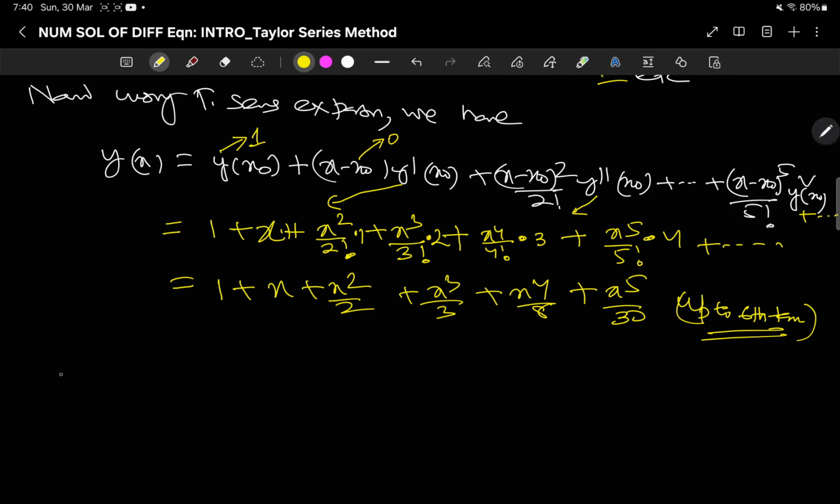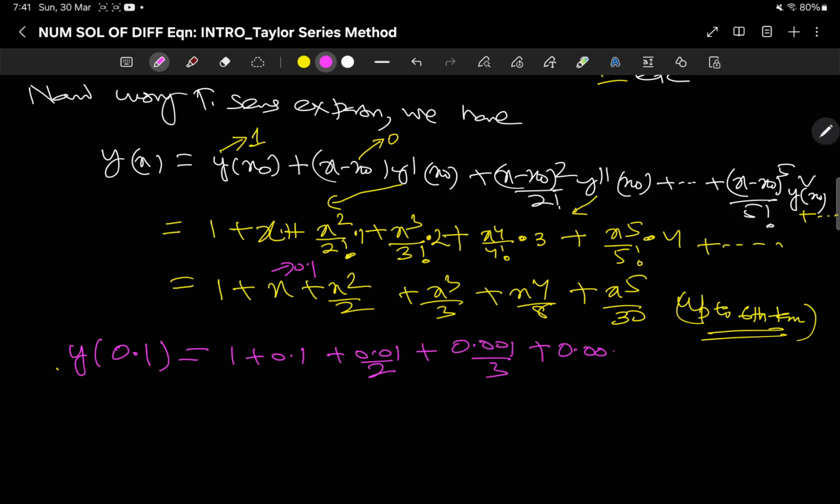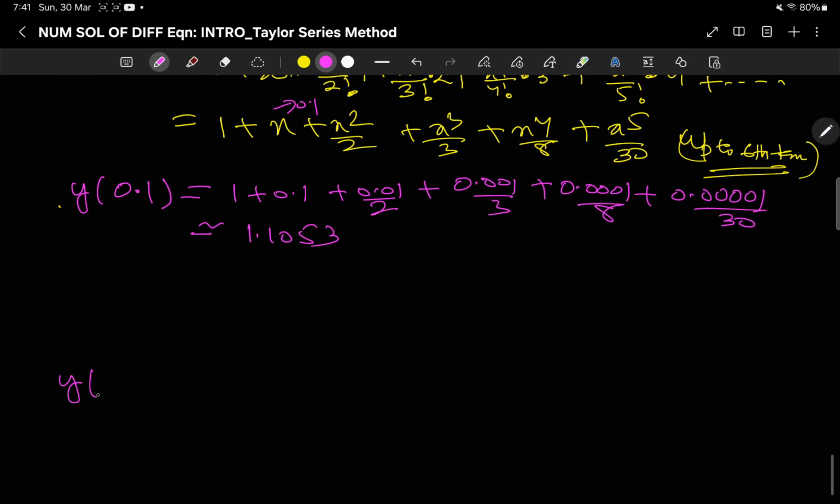Now my y at the point 0.1, I substitute x is equal to 0.1, so it will be 1 plus 0.1 plus 0.01 by 2, then x cube is 0.001 by 3 plus 0.0001 by 8 plus 0.00001 by 30, and if I simplify it, up to the fourth term, it will be 1.1053.